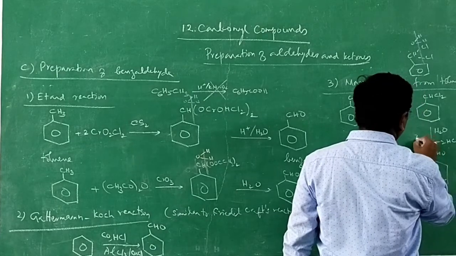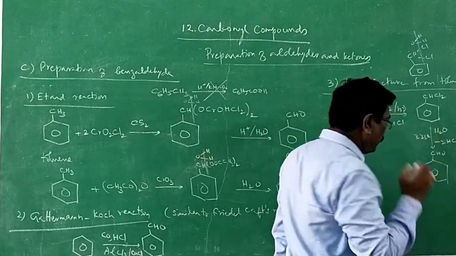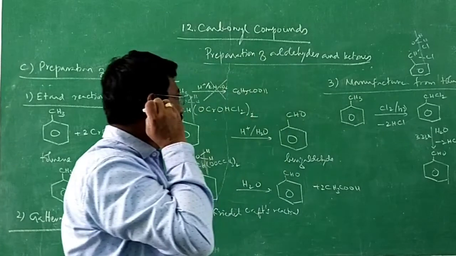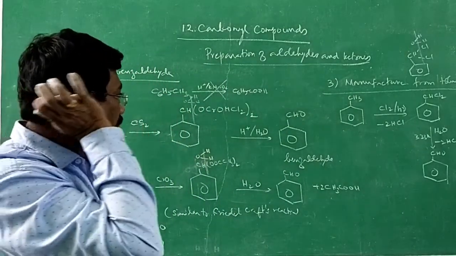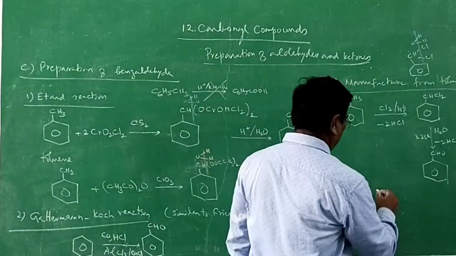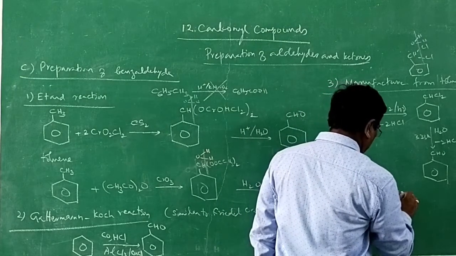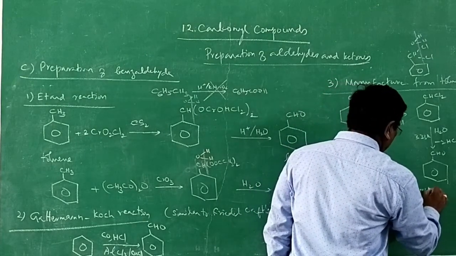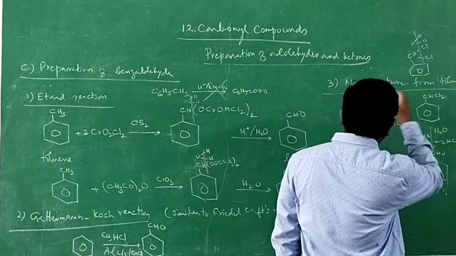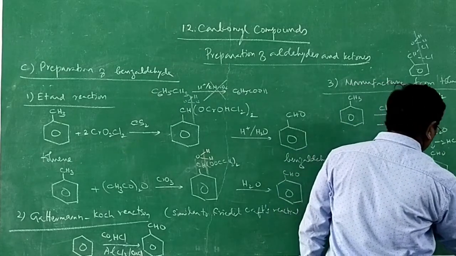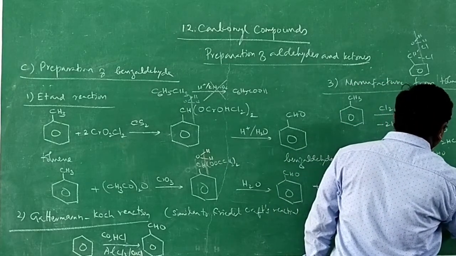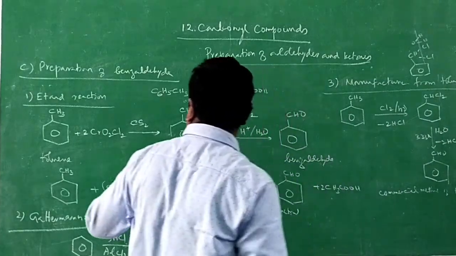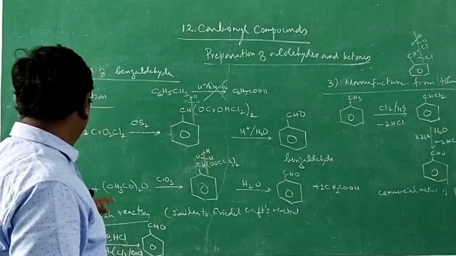It may take place at 333 Kelvin. Alright. So that is about preparation of benzaldehyde. It is the commercial method of preparation of benzaldehyde. That's why we said manufacture. So with that we end up with preparation of benzaldehyde.